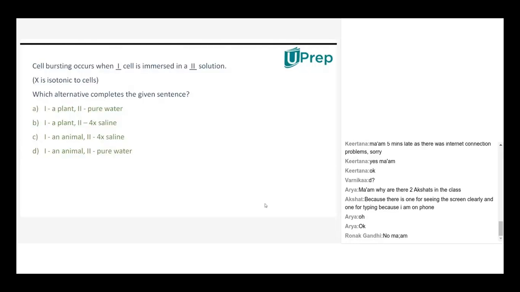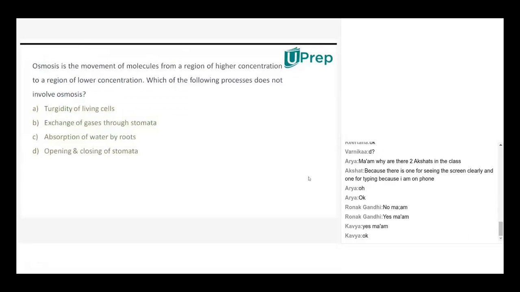The pure water will go into the cell, the cell swells up and ultimately bursts out. So cell bursting occurs when an animal cell is immersed in pure water. So the option is D. Actually, this question is somewhat tougher level, but try to answer.